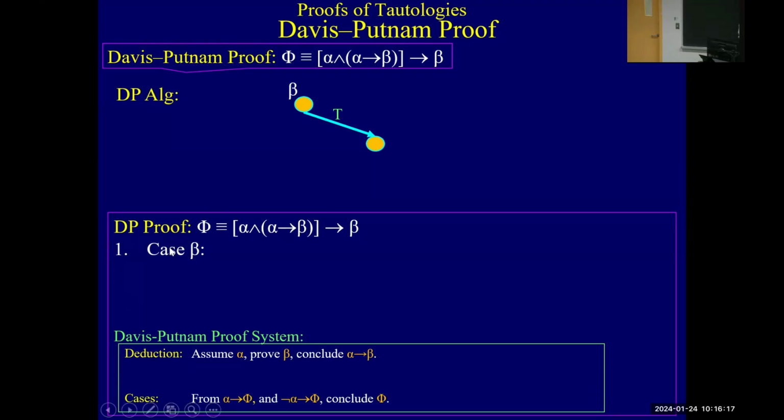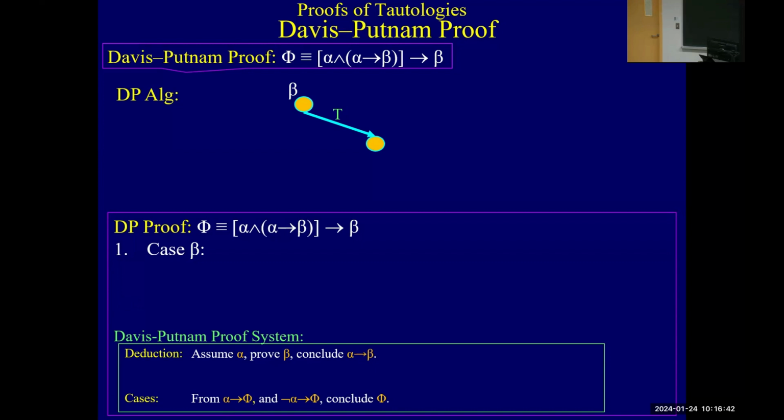We can do cases, and you start by saying, okay, we're going to have 2 cases. Our 2 cases are alpha and not alpha, right? So usually in cases, you require an or, right? That there's case alpha and there's case beta, and they both give you gamma.